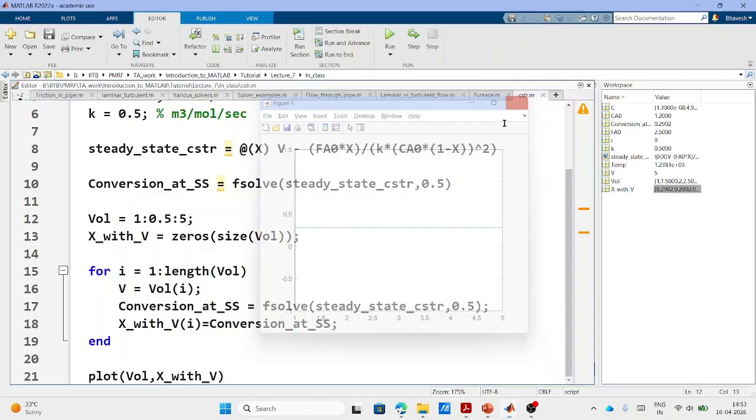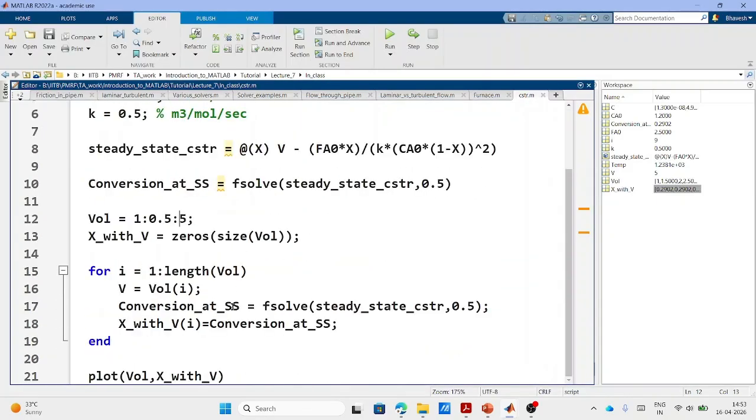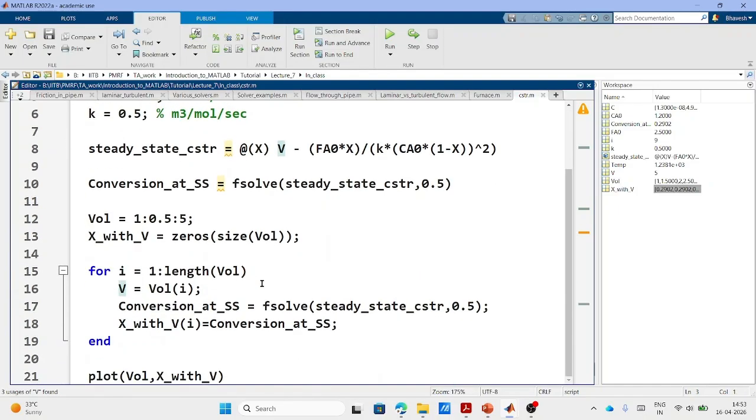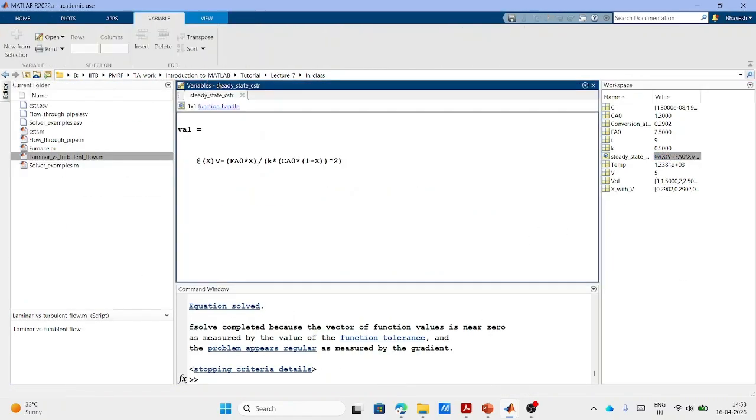Okay, maybe right now the data is such that the conversion is not changing much, but you should be able to get the change in your reactor conversion depending upon the change in your volume. This is very strange to me. It should have happened. I think the steady state part has not changed.